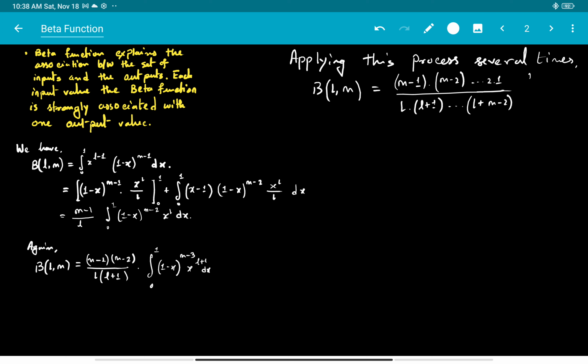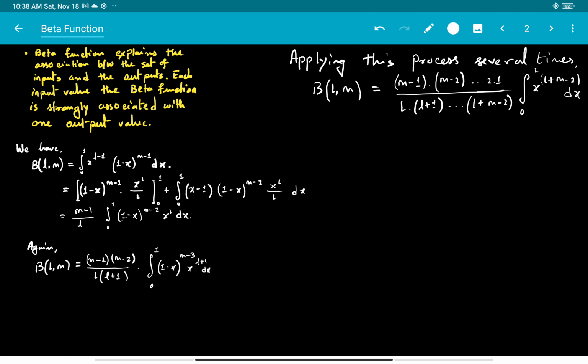And we will be left with one integral, that is the integral from 0 to 1 of x to the power L plus m minus 2 dx. So you see, we are always left with such an integral.